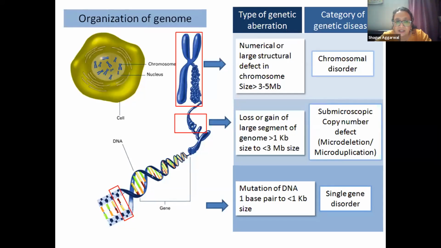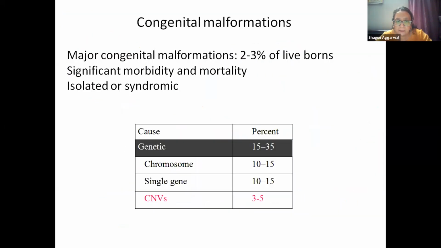And finally, we have the changes occurring at the level of individual genes, which can be at just a single base change. So these cause the single gene disorders, and these will not be picked up using a microarray also. And here we need to actually sequence the DNA. And this sequencing traditionally was the Sanger sequencing, but now we have next generation sequencing also available to us. So these are the 3 main categories of genetic diseases we need to keep in mind.